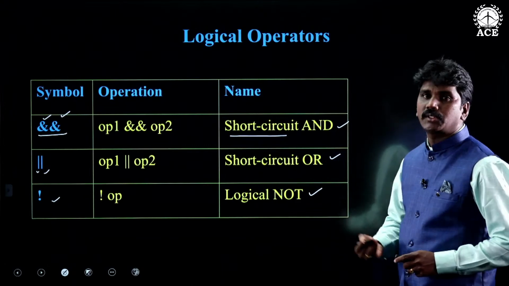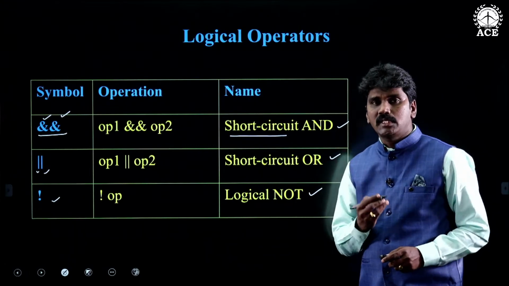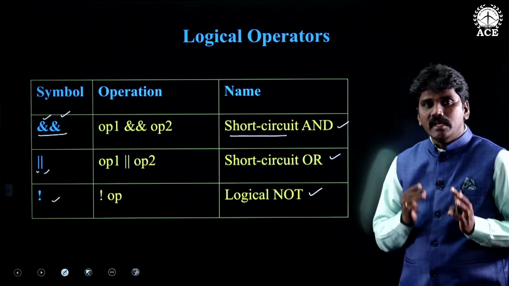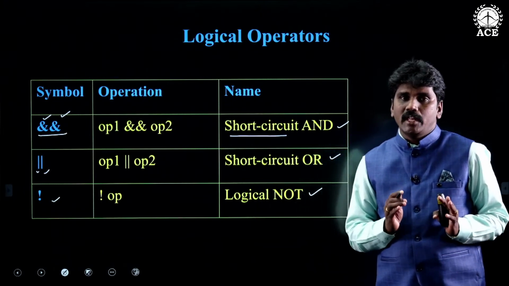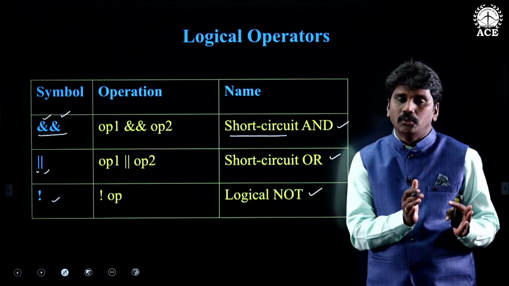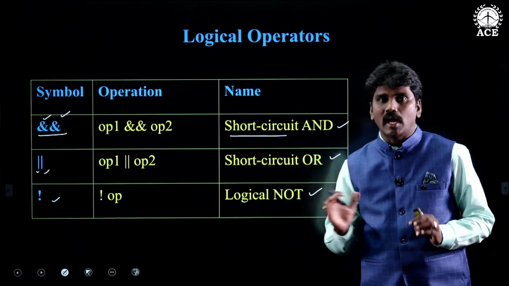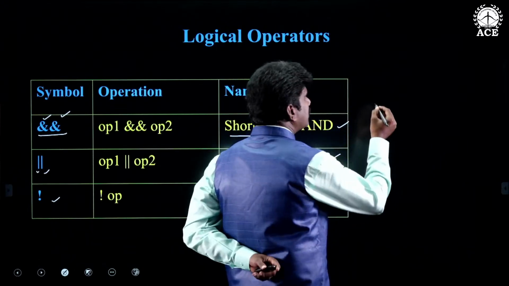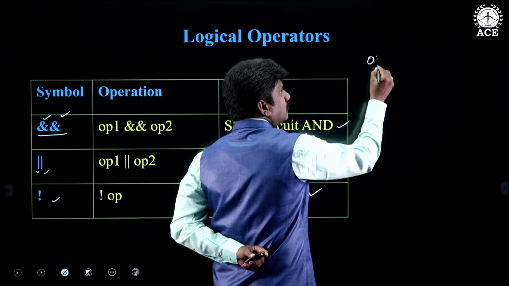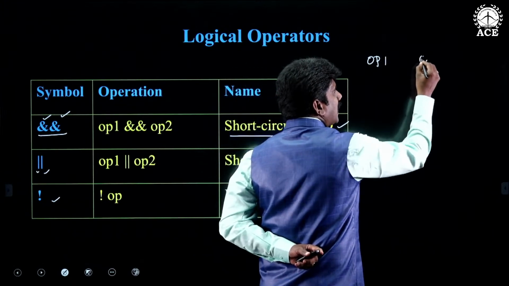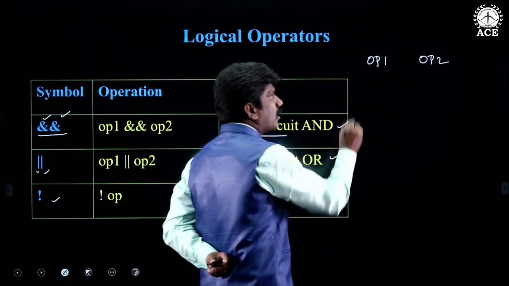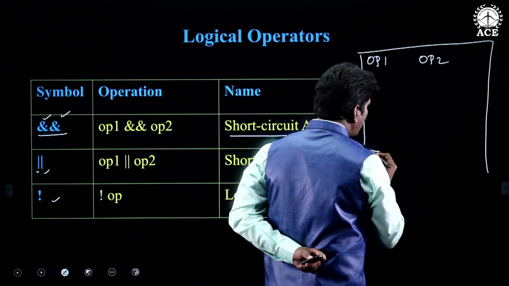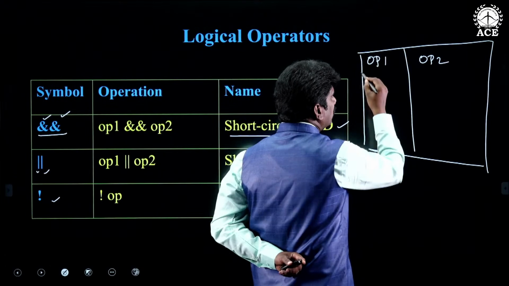Before going to see the short circuit AND, we have to see what the AND statement is. The AND statement says, whenever the two operands are true, then only the result is true, otherwise false. For example, if we consider two operands, operand 1 and operand 2, what is going to be the result between these two?